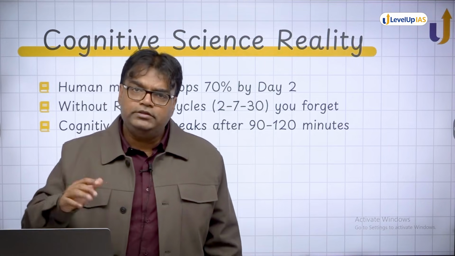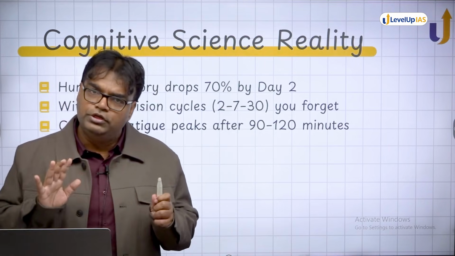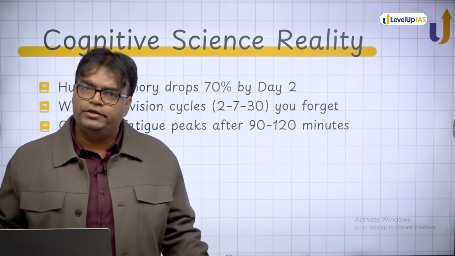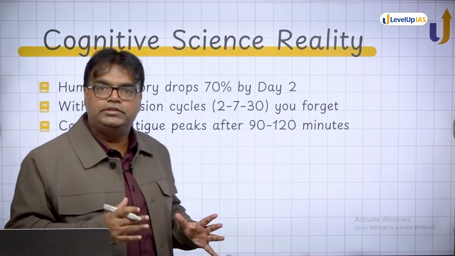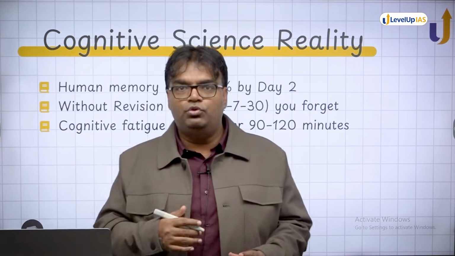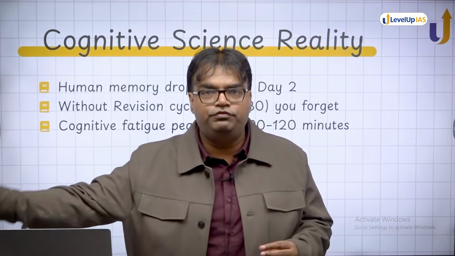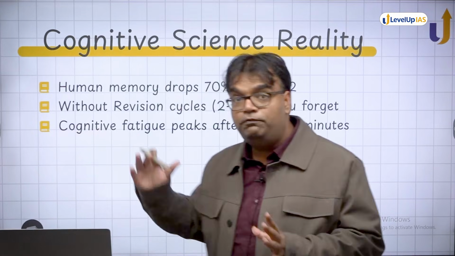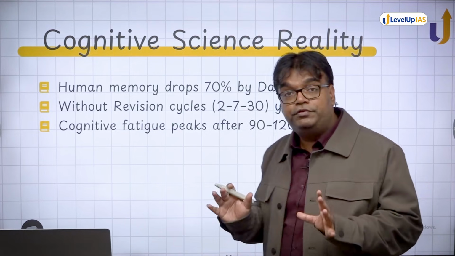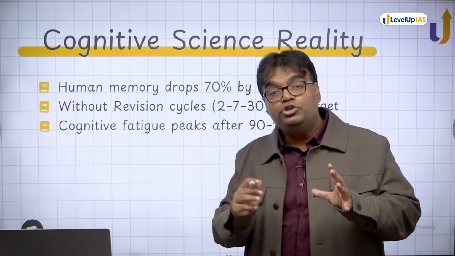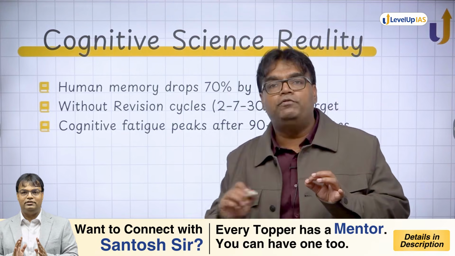If you are not revising, 70% of things are gone on the 2nd day itself. Similarly, even if you revise on the 2nd day, if you don't revise at the end of the week or the end of the month, you will keep forgetting it. That is why revision is very crucial, so our timetable should also have a proper plan for revision.